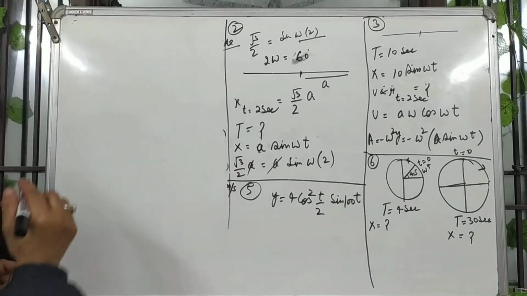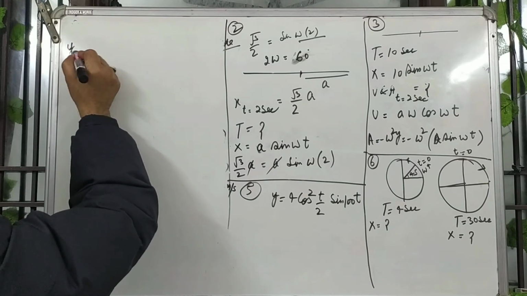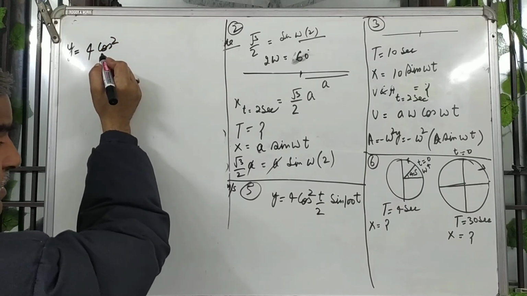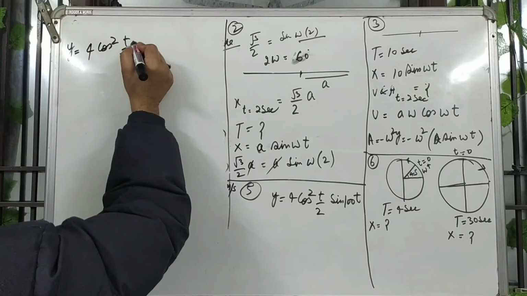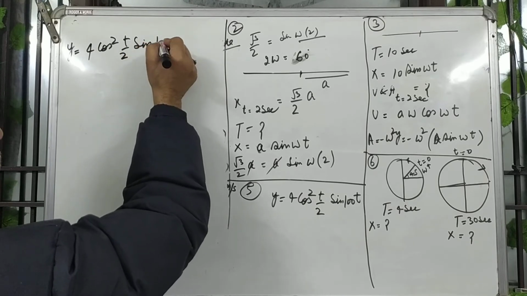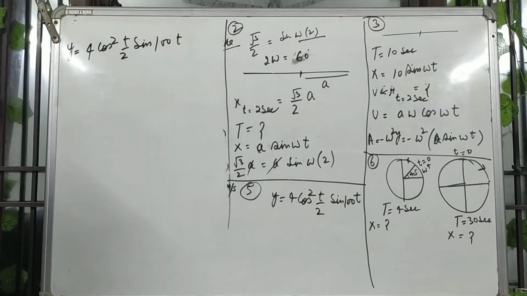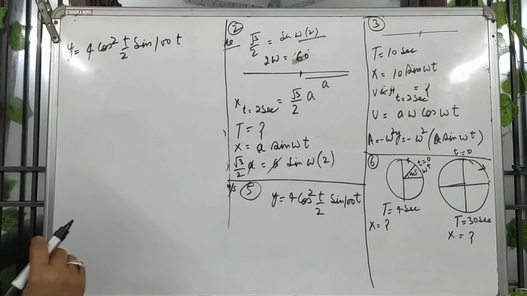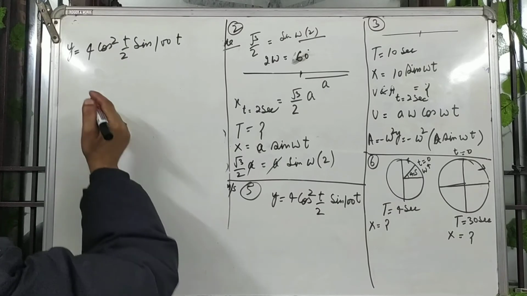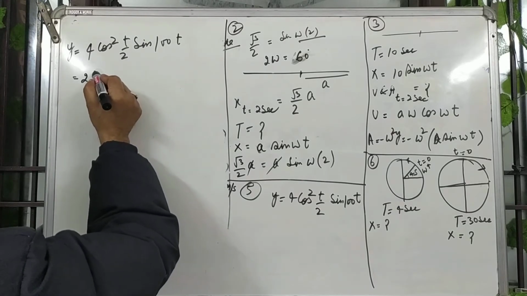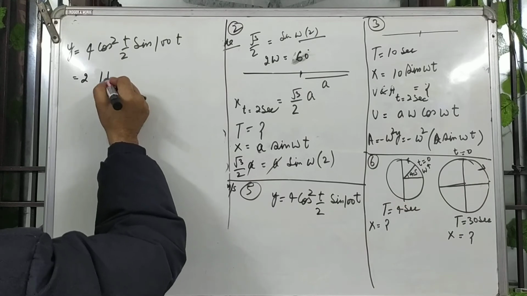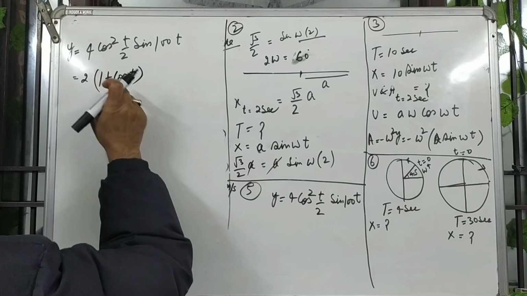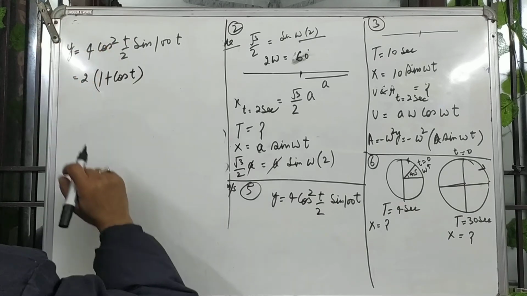SHM equation, y is 4 cos square t by 2 sin 100t. So the cos square function can be written using 1 plus cos 2 theta equal 2 cos square theta.